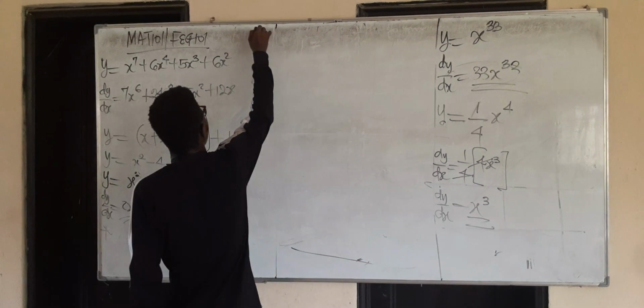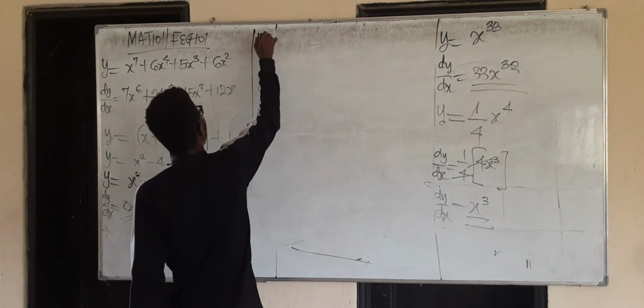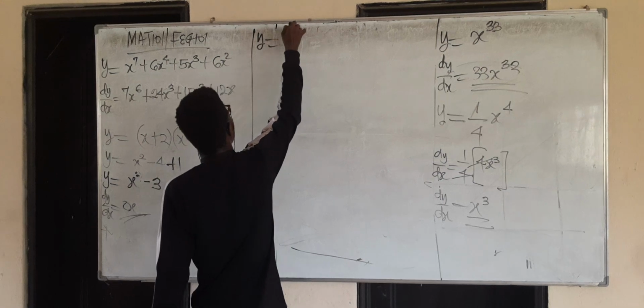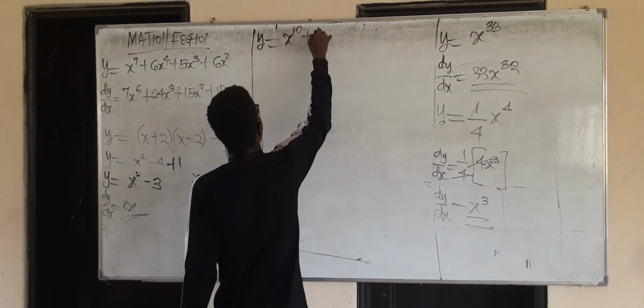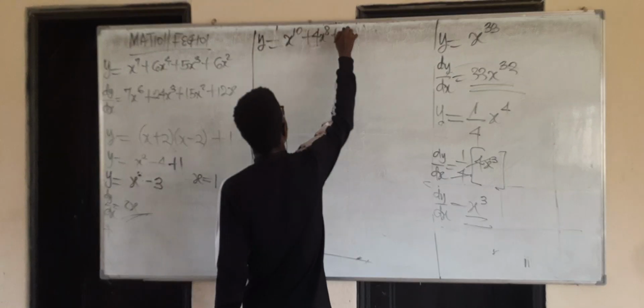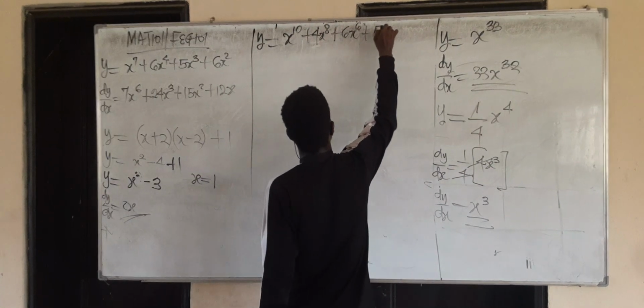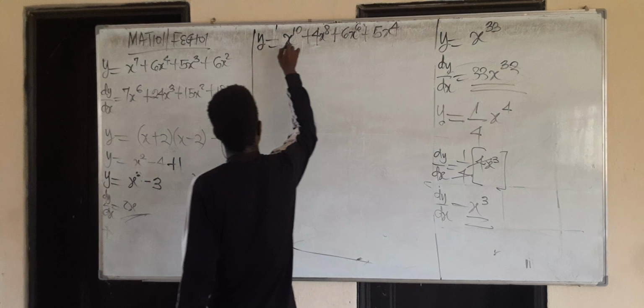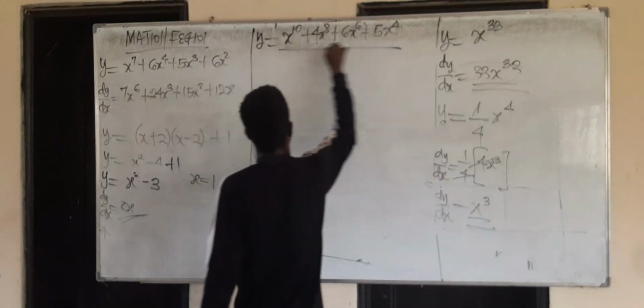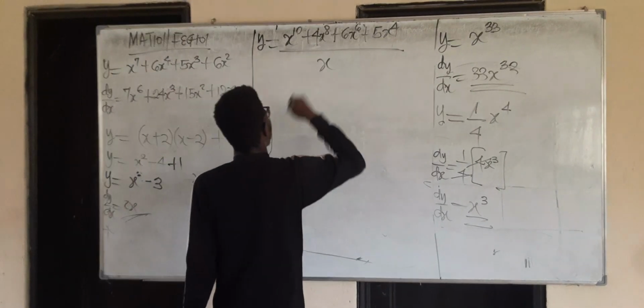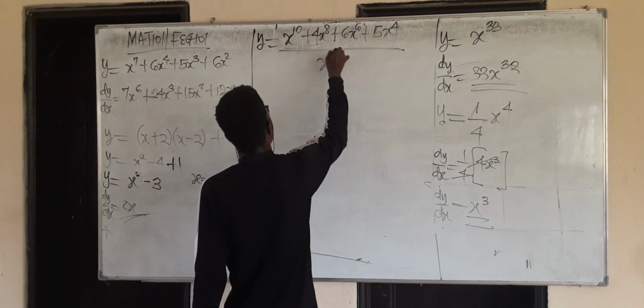Okay, another one. y is equal to x to the power of 10 plus 4x to the power of 8 plus 6x to the power of 6 plus 5x to the power of 4, all over x to the power of 6.